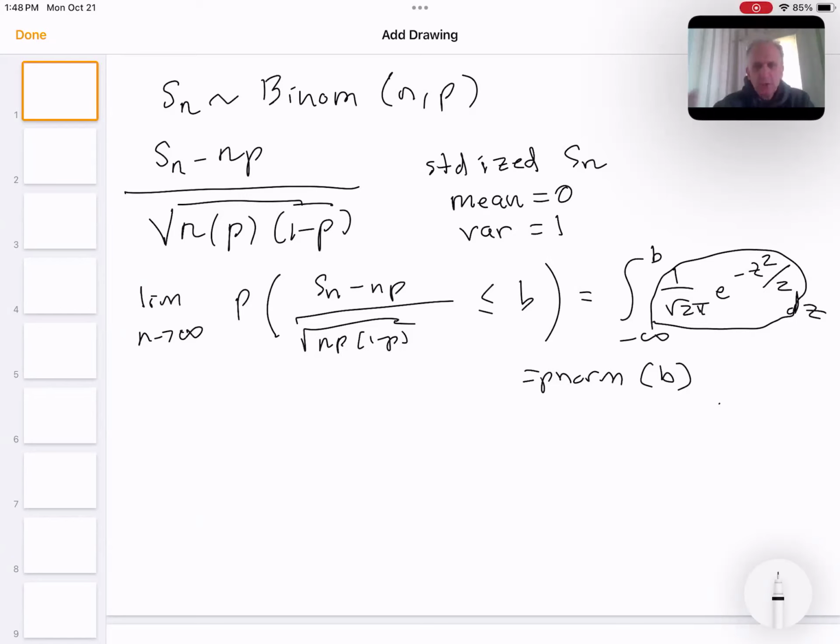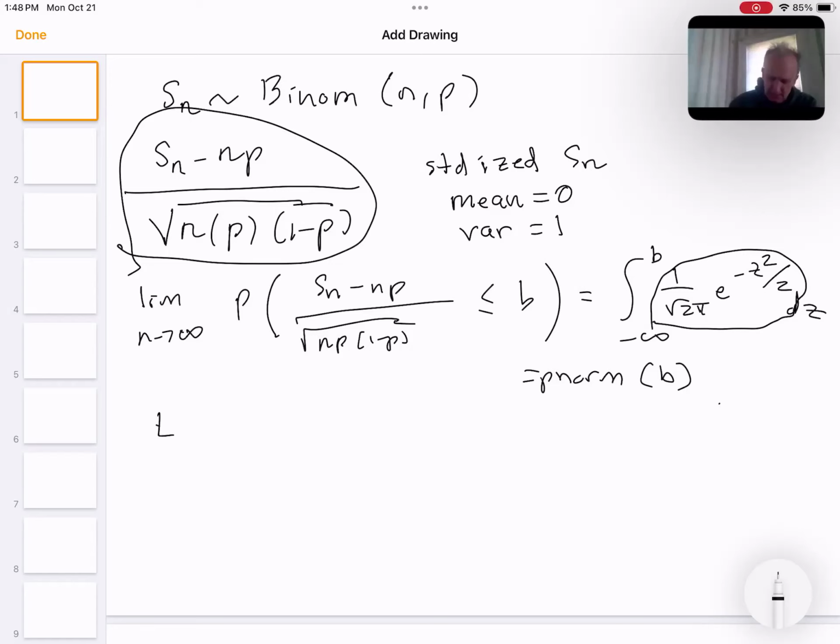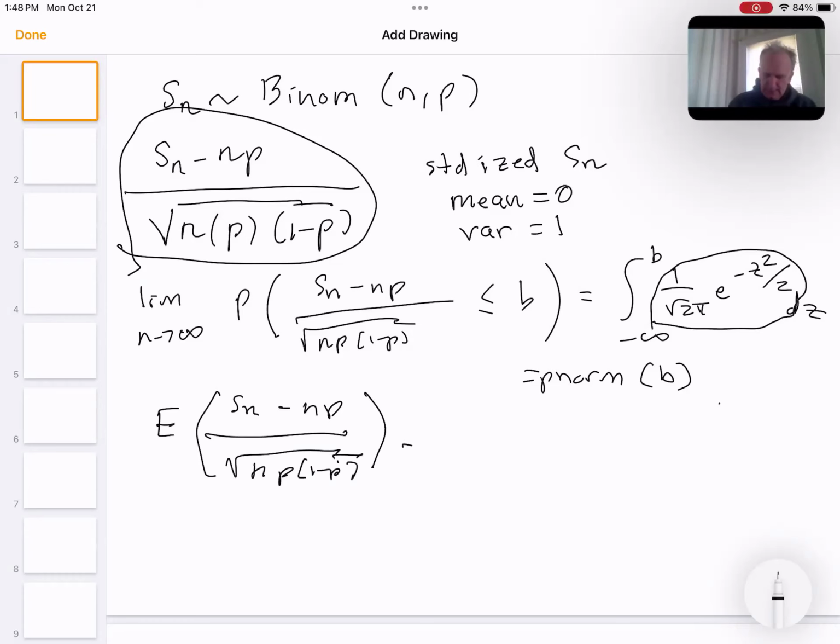Okay, so do you see that the variance of this is 1? Let me just make this a little more clear. To get the mean, we have E of Sn minus this whole thing, over this. But this is just equal to, I could take this outside, right?